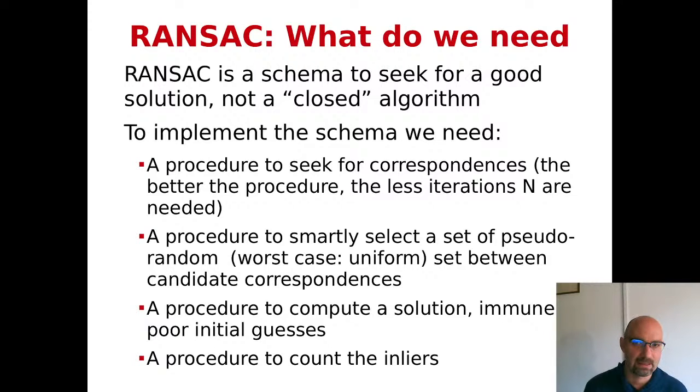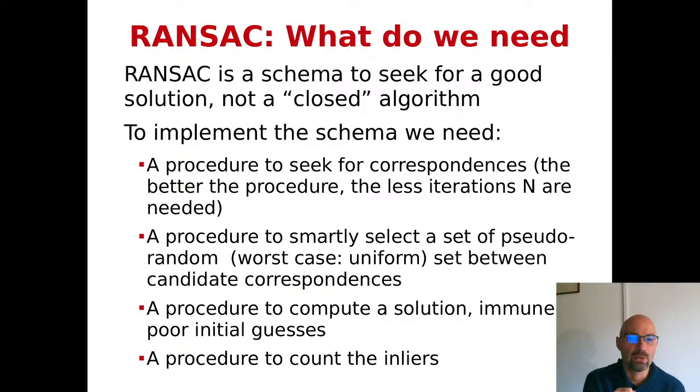In the worst of the cases, I can just pick them at random. So I have this set of matches, and I pick with closed eyes, and then I try it. But sometimes I could exploit some invariant of the data that I am analyzing. For instance, in the case of a point cloud, where I want to register sets of 3D points, I might observe that one invariant in this space is the distance between 2 points within the same cloud.